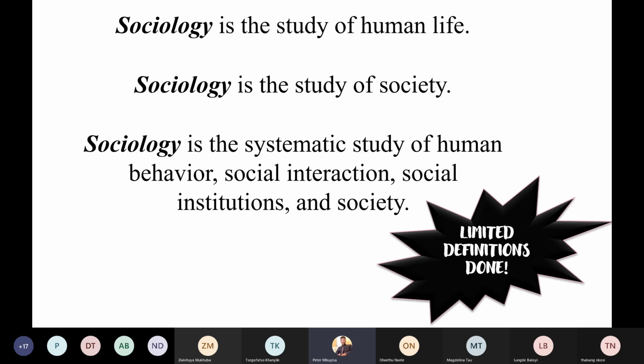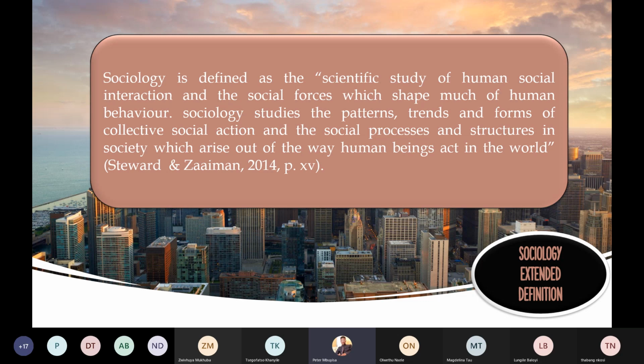Now, if we look at the slide that is here, this is an extended definition of sociology. We say sociology is defined as the scientific study of human social interactions and the social forces which shape much of human being.